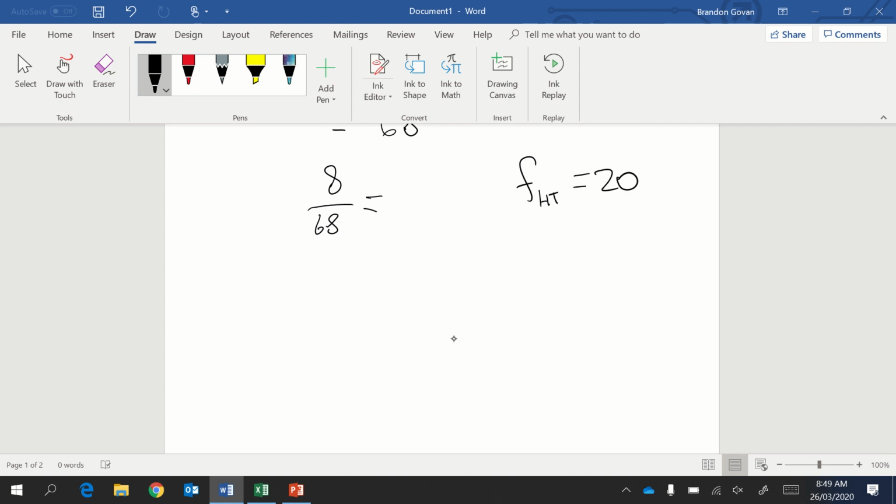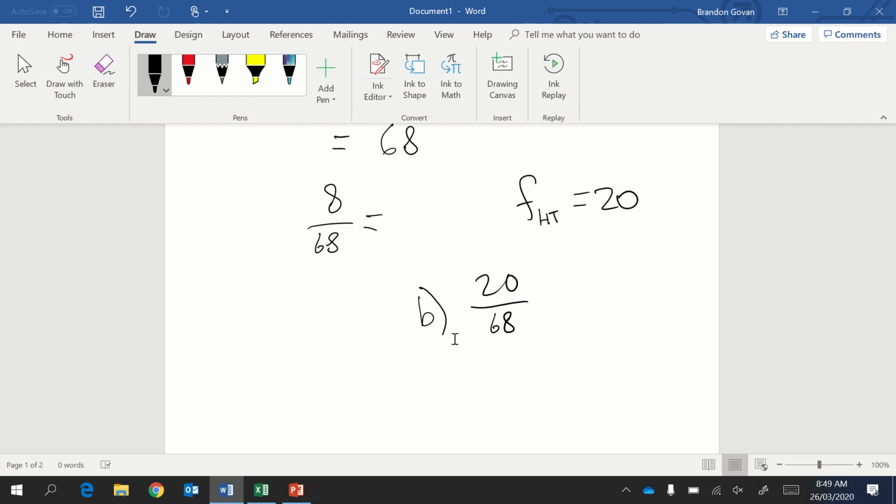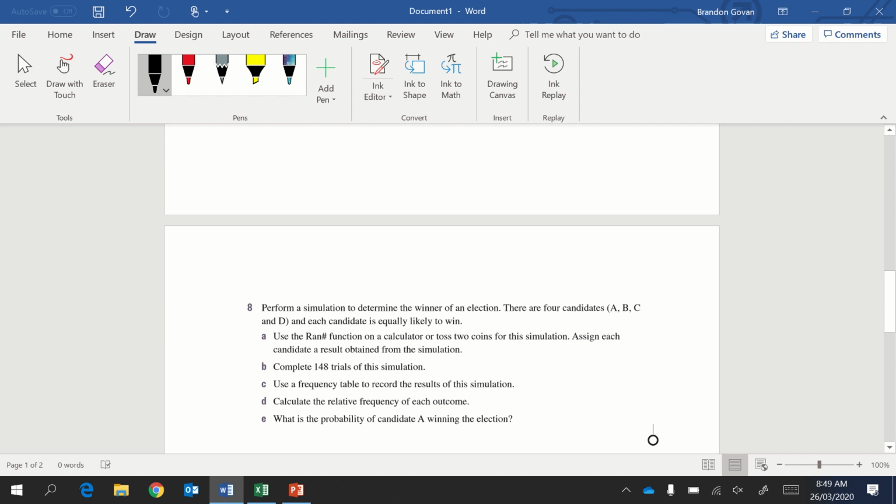And then our N is going to be the same once again, 68, because it's from the same experiment. So this time we'll have 20 on 68. And that's our relative frequency for part B. So you can see these relative frequency problems are not too difficult. Should be pretty straightforward if we follow that same method for all of the experiments.